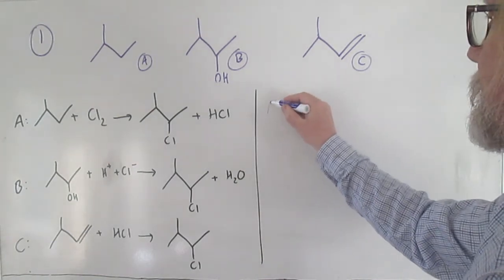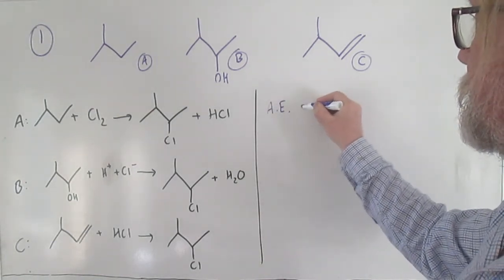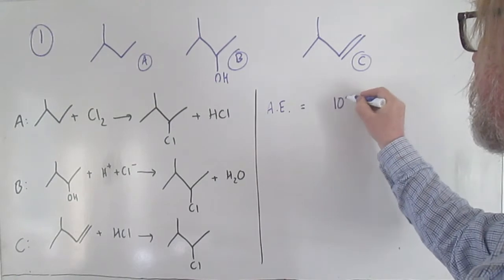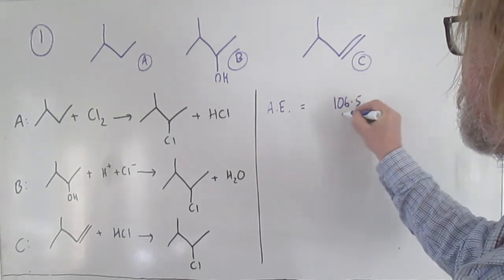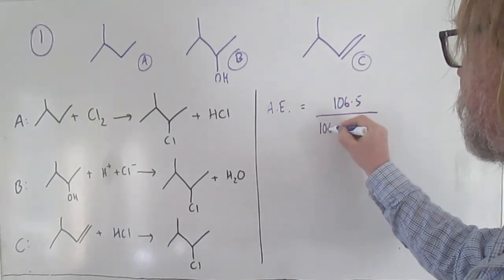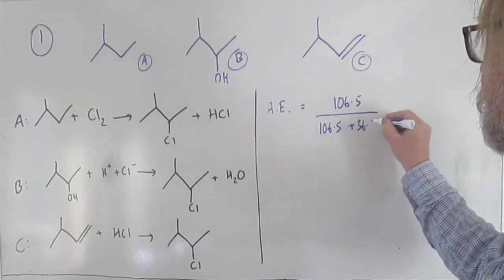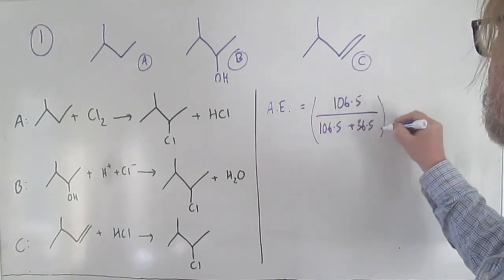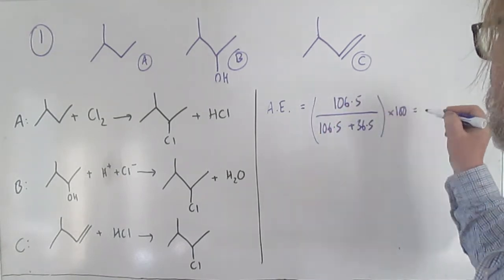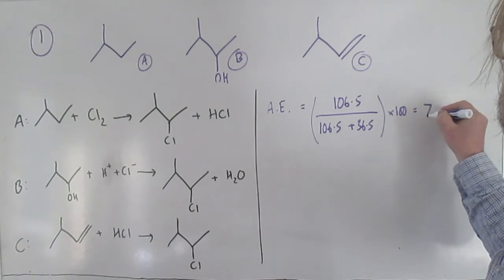So the atom economy will be equal to 106.5, your useful product MR, divided by the sum of 106.5 plus the other stuff. HCl weighs in at 36.5. All that times 100, and that comes to 74.5%.